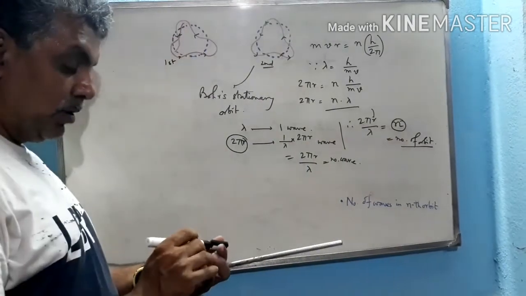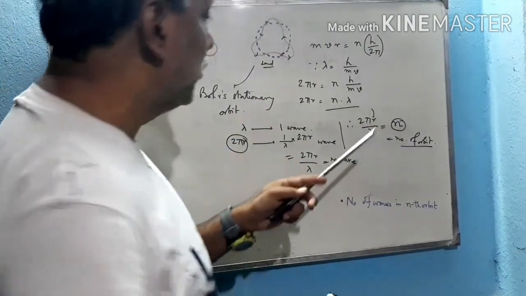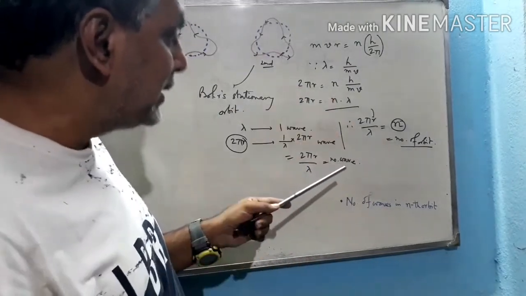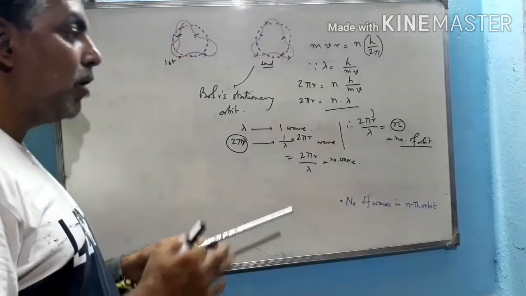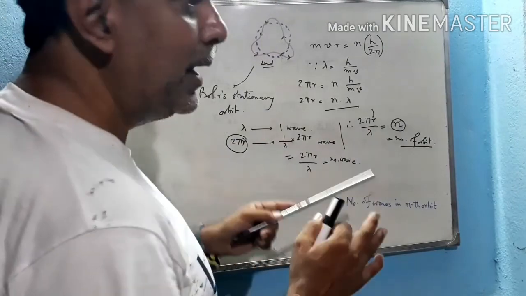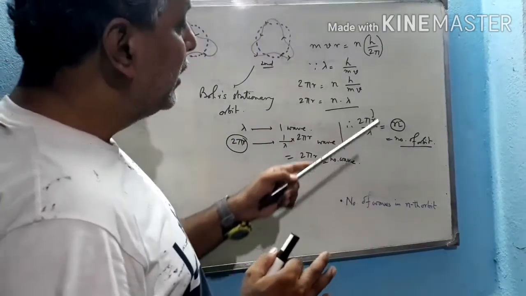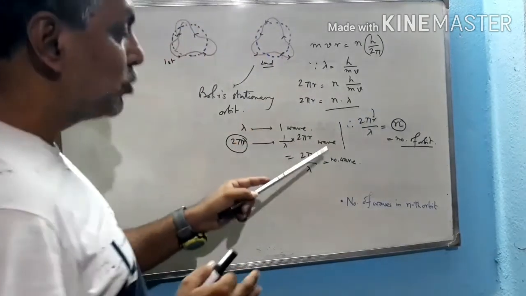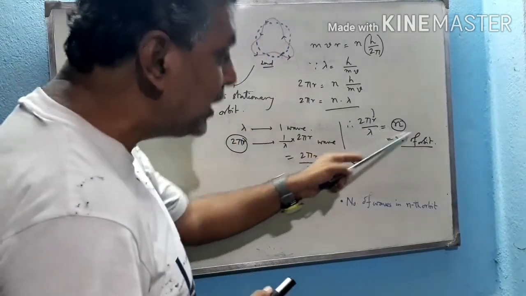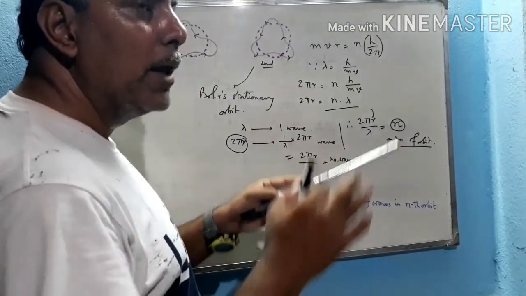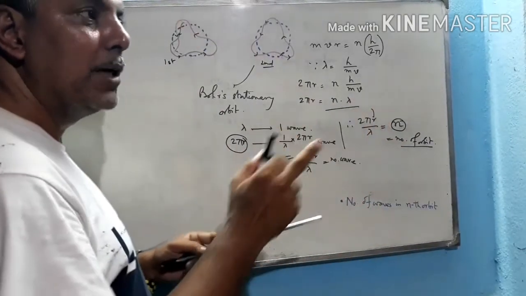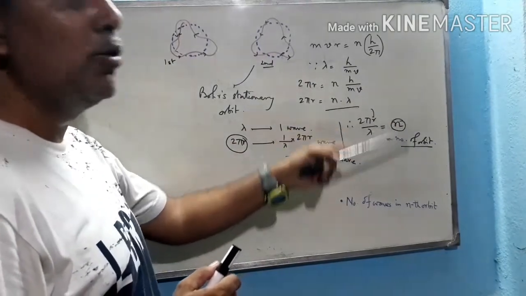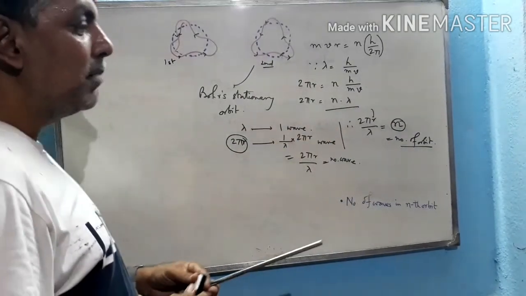So from this expression we can conclude that to complete the circumference of a particular orbit, whatever may be the value of n equal to 1, 2, 3 and 4, the total number of waves formed equals the number of the orbit. So in the first orbit only one wave is sufficient to complete the circumference. In the second orbit 2 waves are required. In the third orbit 3 waves are required. This is proved by this expression.